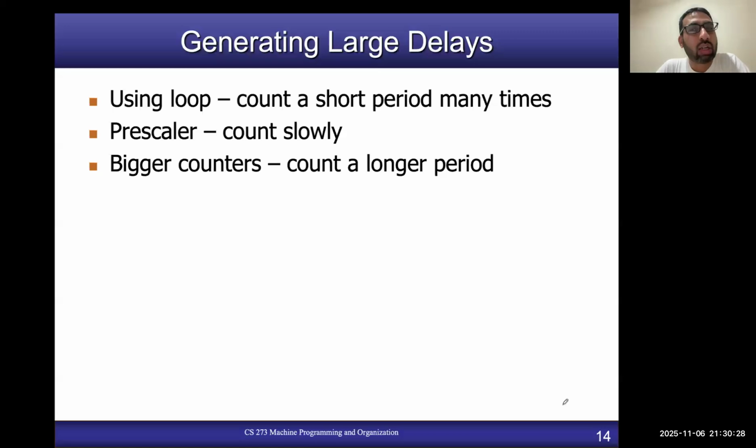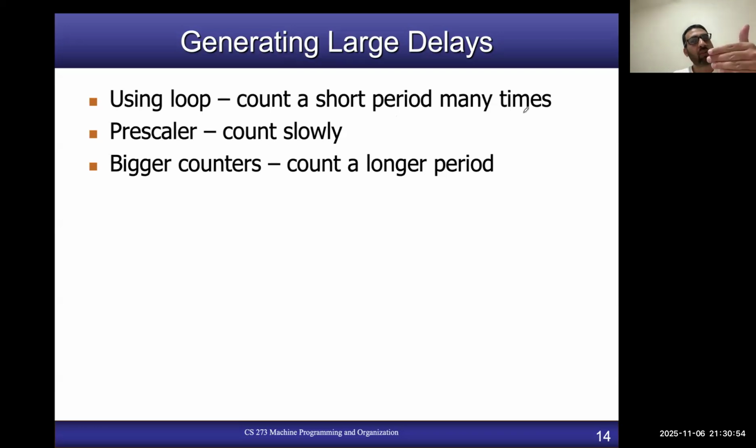What are the other options available for creating larger delays? One thing is that you can count a short time period many times. You can say, I will toggle the output when the overflow happens 2 times.